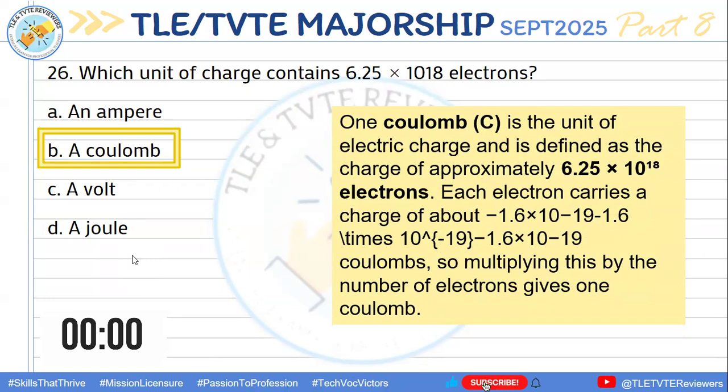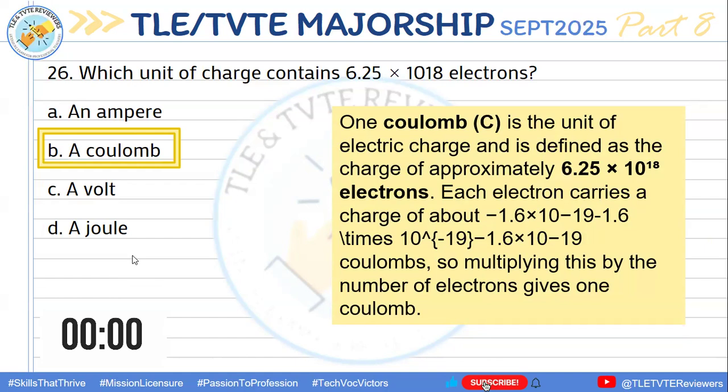Each electron carries a charge of about negative 1.6 times 10 to the power of negative 19 coulombs. So multiplying this by the number of electrons gives one coulomb.